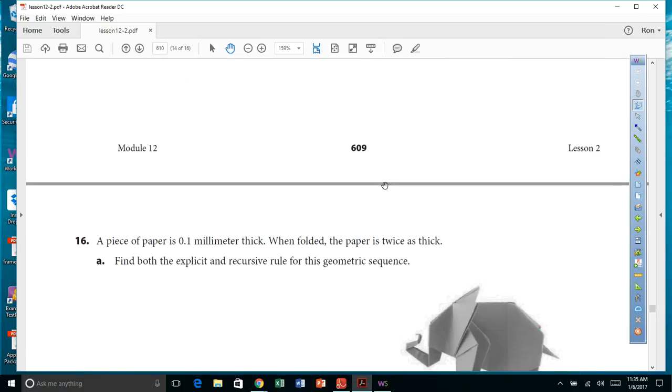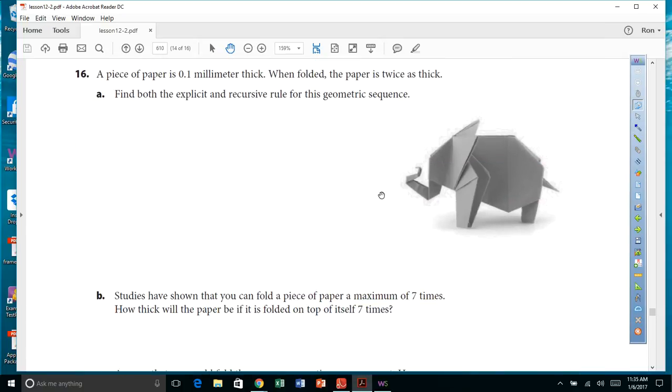A piece of paper is 0.1 millimeters thick. When folded, the paper is twice as thick. Find both the explicit and the recursive rules for this geometric sequence. Oh, this sounds like fun.